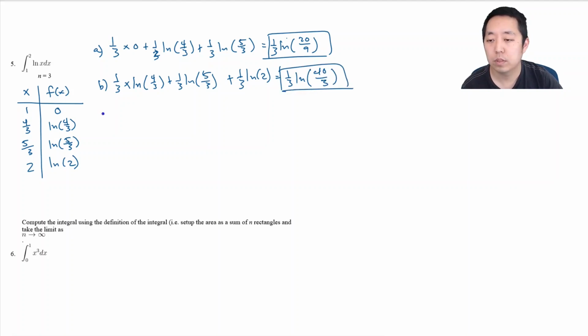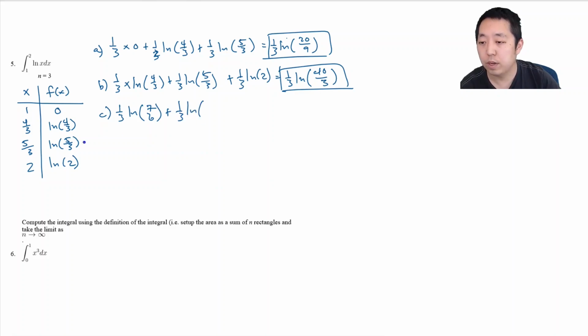Okay. For the midpoint, I'm going to do the halfway between 1 and 4/3, and that would be 7/6. And then halfway between these two would be 9/6 or 3/2. Sorry, sum them up, divided by 2, would be 9 over 3 divided by 2.